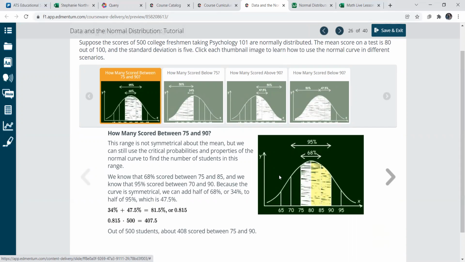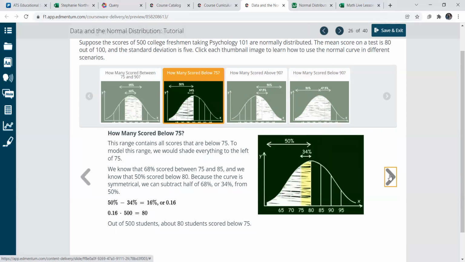So how they're figuring it, they're breaking it down even more, and they're figuring that if you are falling between 75 and 90, it'll be about 47.5%, because you have this portion here, the 68 here, but you don't have the other side. Now this would be 95% if you're going between 70 and 90. Now we take away just the other part of it right there.